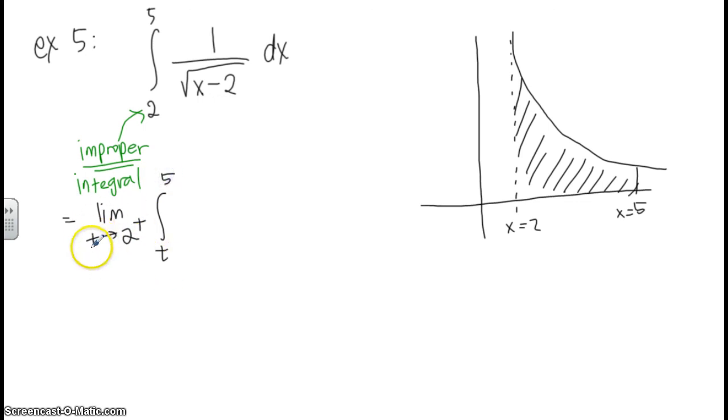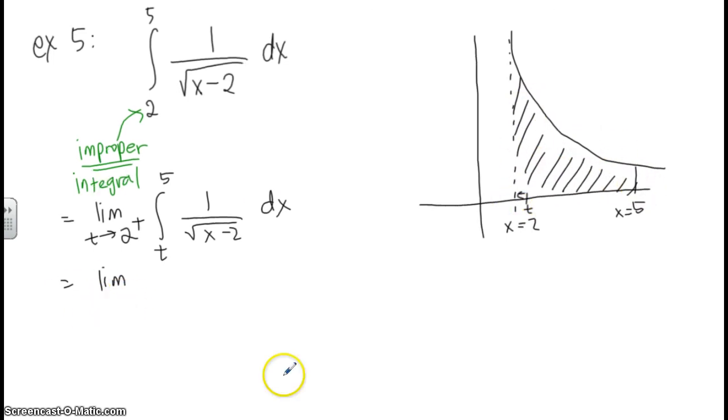So we know how to take the limit as t approaches 2 from the positive side of the area from t to 5 of 1 over the square root of x minus 2 dx. As t gets closer and closer to 2 from the positive side, we're looking to see if this area is finite or infinite.